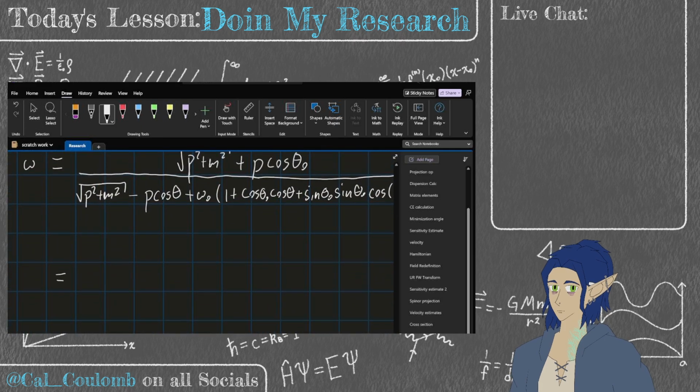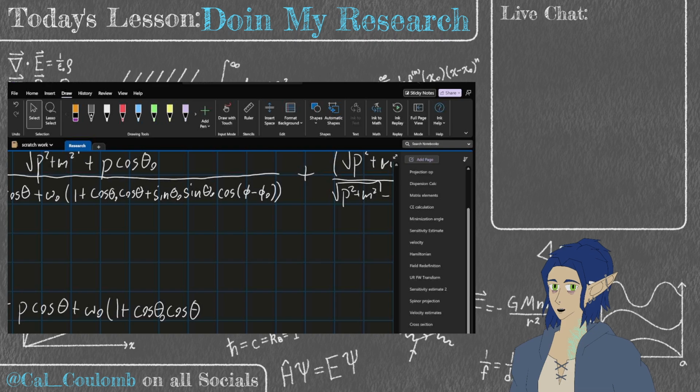So we have p squared plus m squared minus p cosine theta plus omega naught times 1 plus cosine theta naught cosine theta plus sine theta naught sine theta cosine phi minus phi naught.